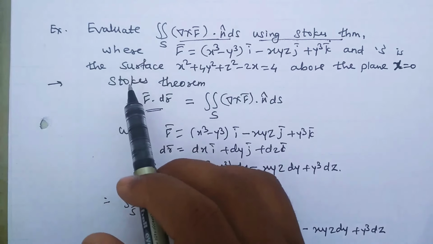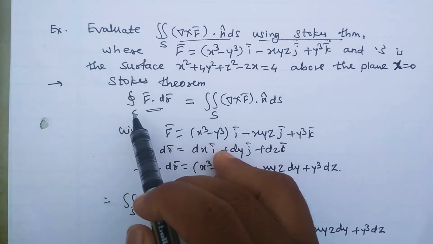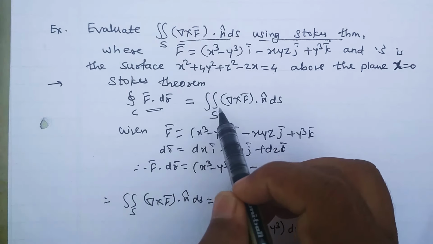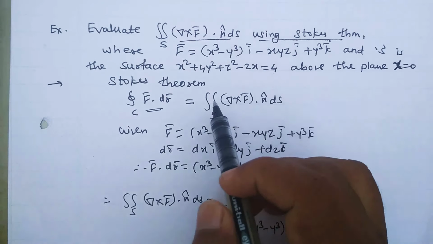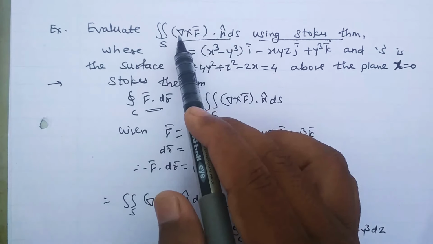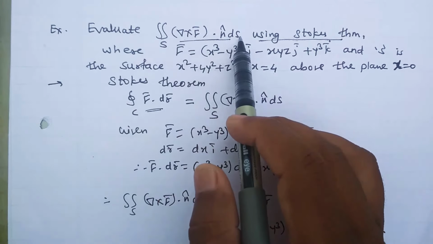First of all, we write the statement of Stokes theorem. The closed integral over C of f bar dot dr bar is equal to the double integration over S of del cross f bar dot n cap ds. That is the statement of Stokes theorem. Now see the term we have to evaluate: the double integration over S of del cross f bar dot n cap ds.